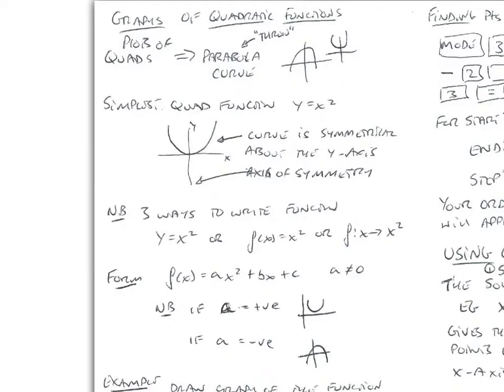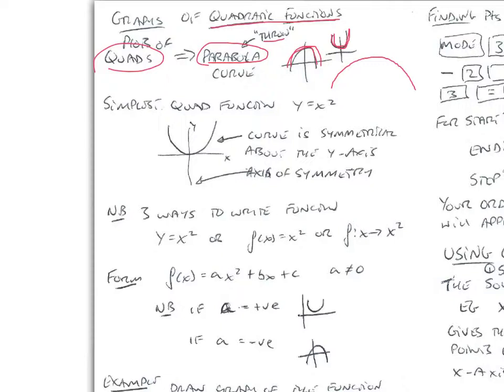So we looked at plotting linear equations. What about graphs of quadratic functions? Okay, so plots of quadratic functions always give us this parabola curve. Okay, always this shape, parabola. And parabola is from the ancient Greek word to throw, because it kind of describes the shape of a ball if you were to throw it in flight.